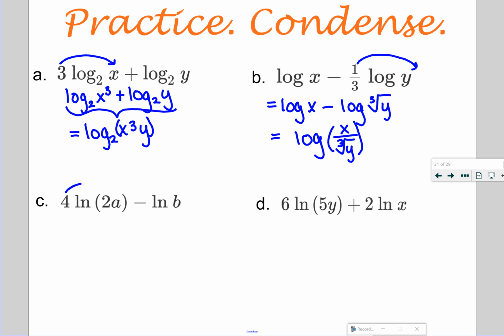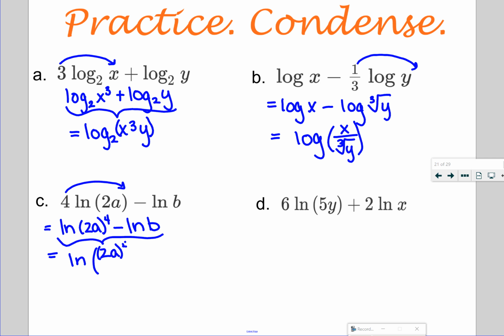For C, I have a 4 I can bring up front. So hopefully you're noticing this order of operations as we do these things. We're always bringing that number in the front first, and then we're simplifying with our addition and subtraction. From here, again, it's subtraction, so we're going to condense and make it division.